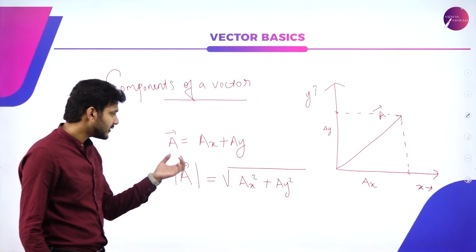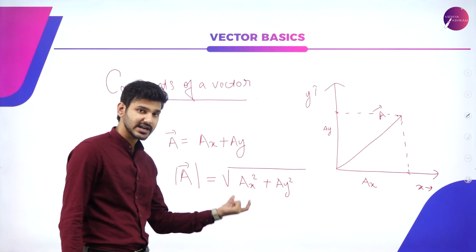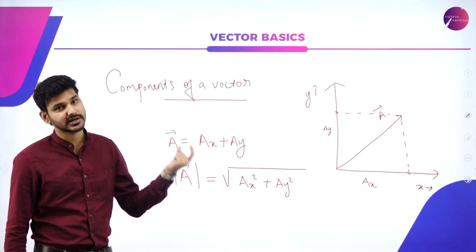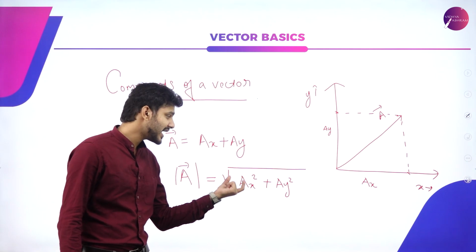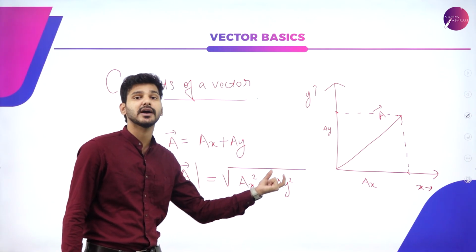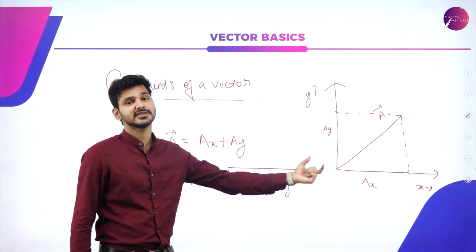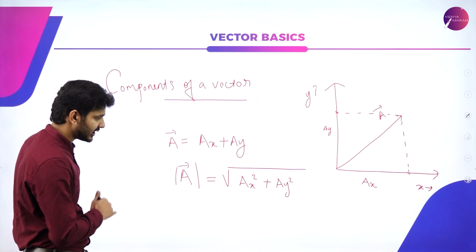That is, if you take the modulus of vector A, we are going to square and add each individual component term. Here there is only ax and ay, so that is why we put ax square plus ay square. If there was a z term, then there would be plus az square also. So we will get the magnitude value of that particular vector.